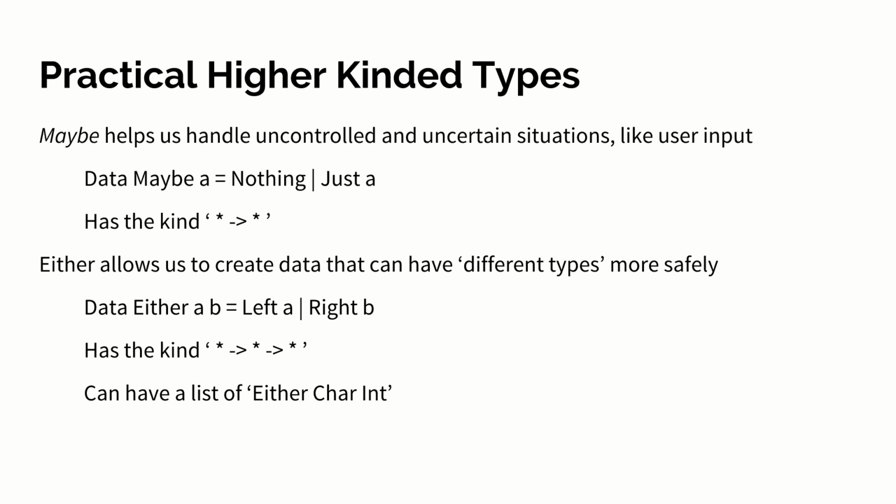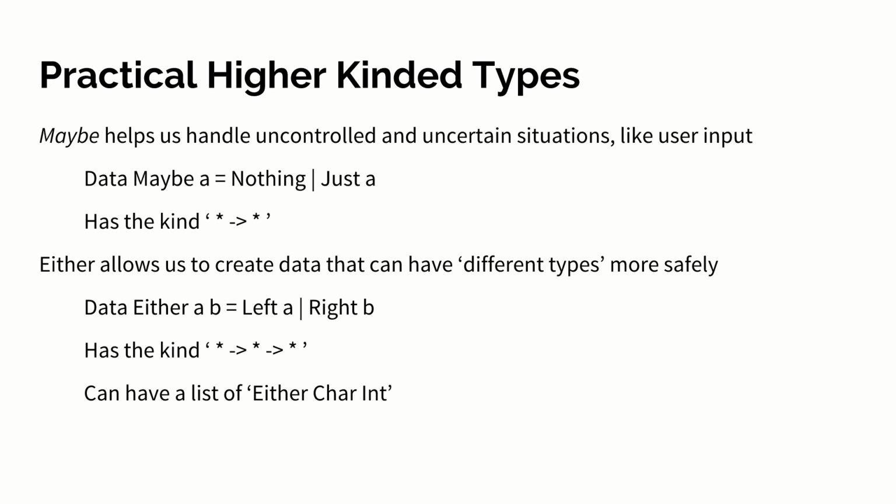Then in our further processing, we can check if that function ended up returning a nothing, meaning something went wrong or the user supplied an invalid string, or it can just be a just a, and then we can look inside of that just to retrieve the value that was actually found. So the maybe type has a kind star to star, but maybe int would have the kind star.